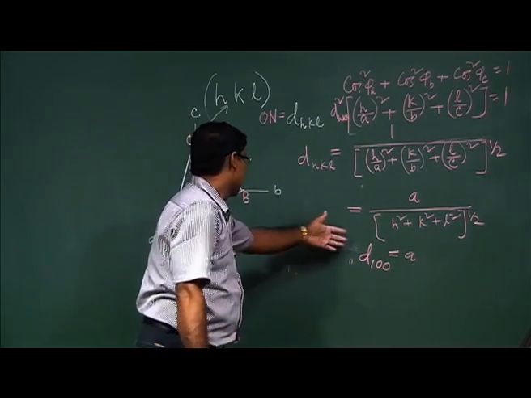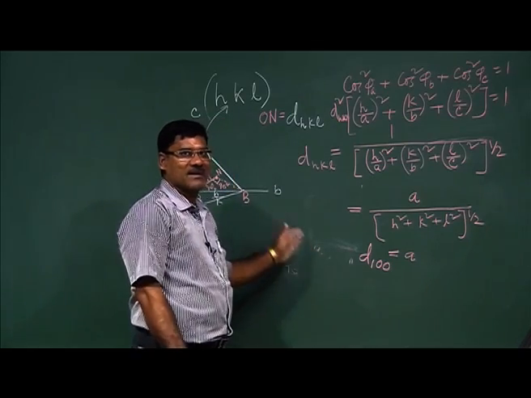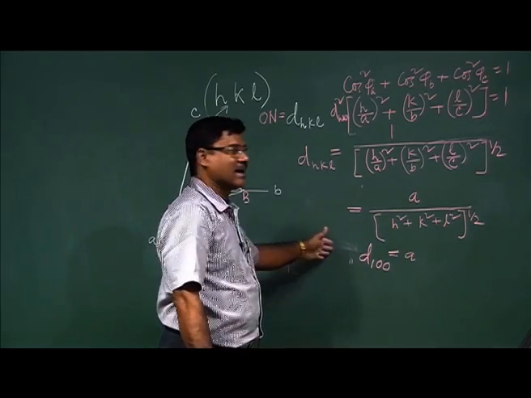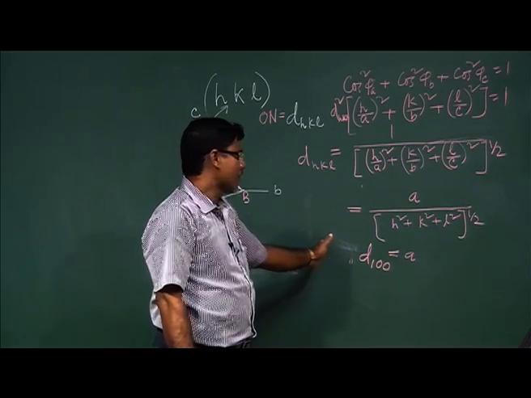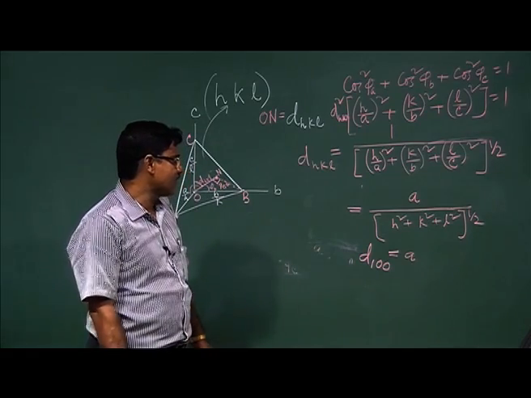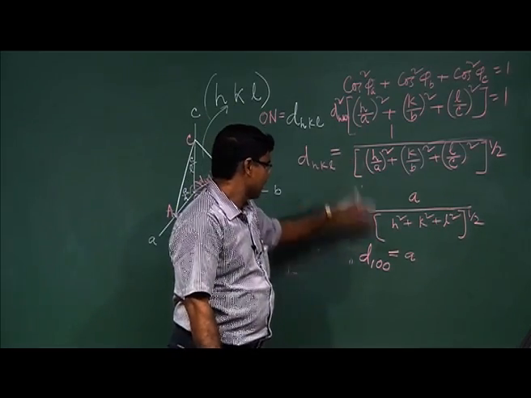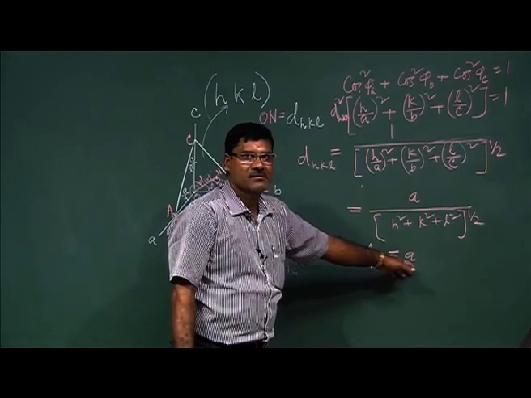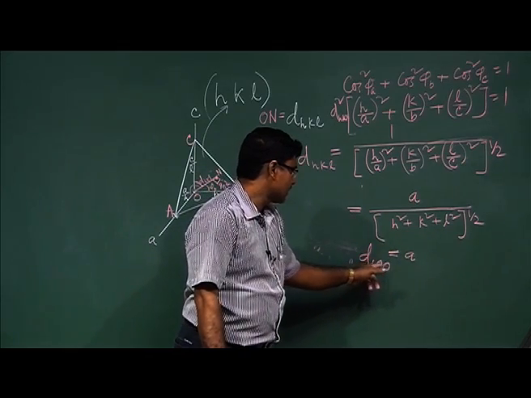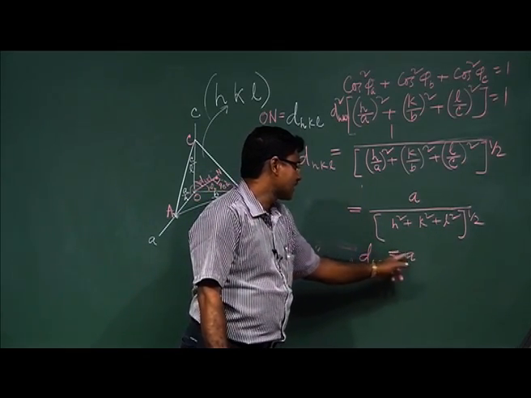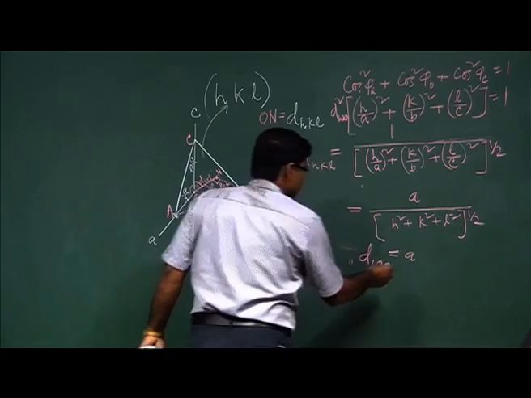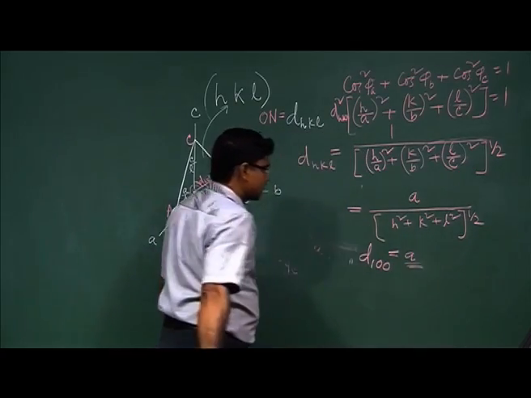When we derived the Miller indices, we saw that the 1 0 0 plane intersects the A axis at distance a, and the B and C axes at infinity. So here we verified that our expression is correct, and for the 1 0 0 plane the interplanar distance is nothing but the lattice constant a.